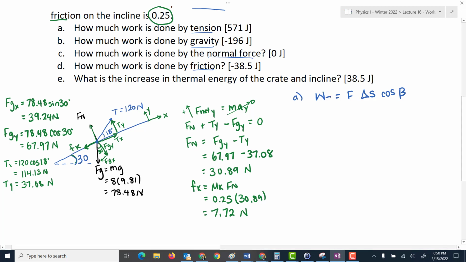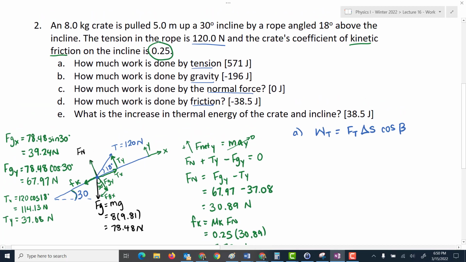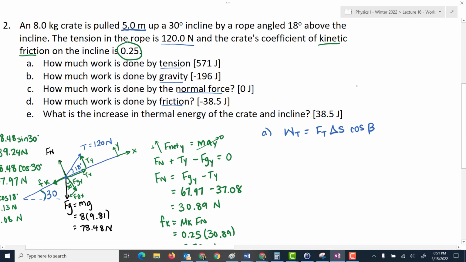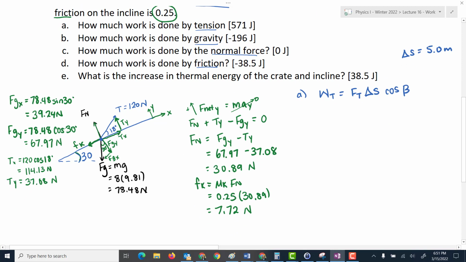So I'm going to put a little t here to say the work done by tension is equal to the force of tension times the displacement times cos beta. And they tell me in the question that the crate is being pulled 5 meters. So in every single case, our displacement is 5 meters.